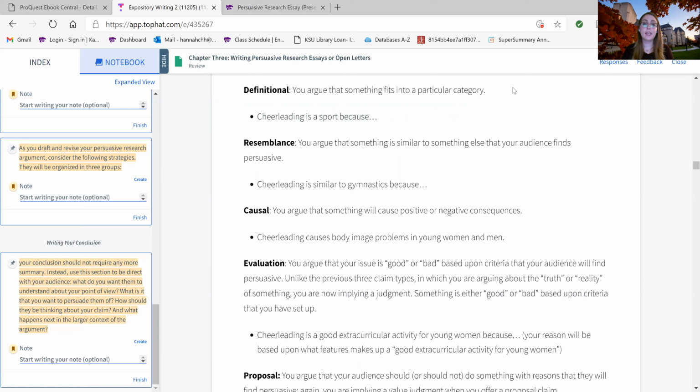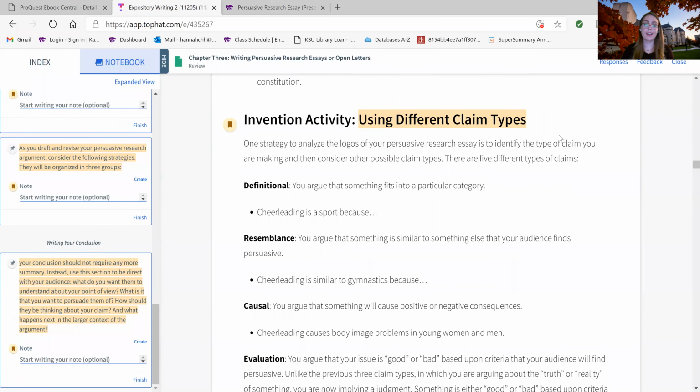You might say, this issue is similar to issue B. So issue A is like issue B. Therefore, I'm going to argue that using the wide variety of resources that are available on issue B, we're going to use these resources to support issue A. So that student would be making a resemblance claim to support their argument. So that's an example of how you can use these claim types within your essay.